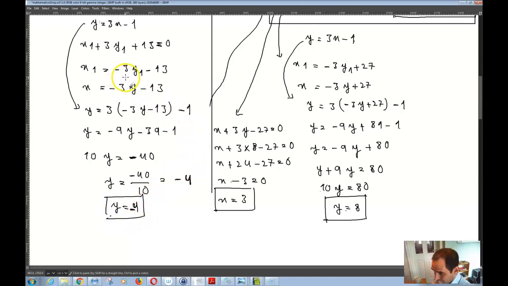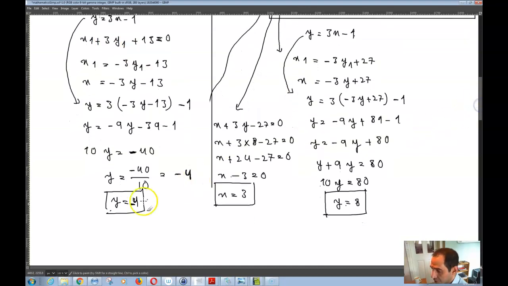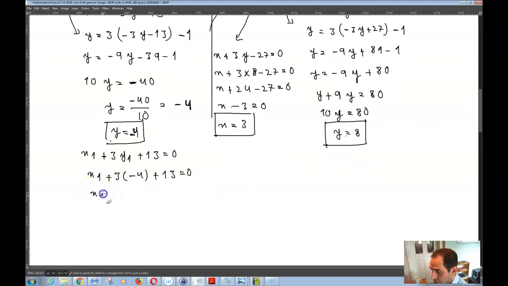Now I can use the same equation. For example, I can use either this one or this one. So I can write x1 plus 3 times y1 plus 13 is equal to 0. Now x1 plus 3 times negative 4 plus 13 is equal to 0, and x1 minus 12 plus 13 is equal to 0. So x1 plus 1 is equal to 0, x1 is equal to negative 1.